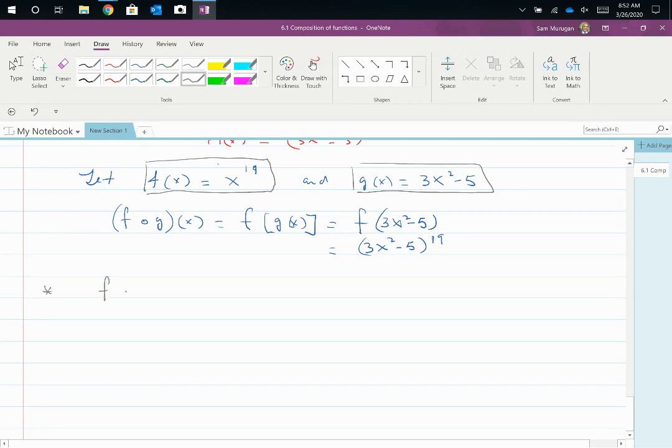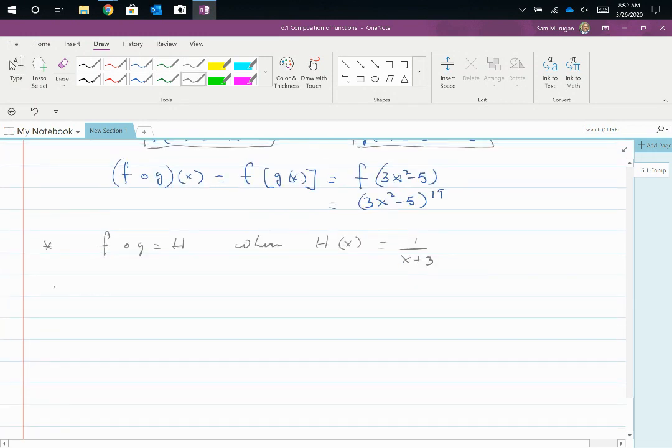So f composed of g is equal to h when h of x is, say, 1 over x plus 3. So here h is the reciprocal of g of x, which is equal to x plus 3.